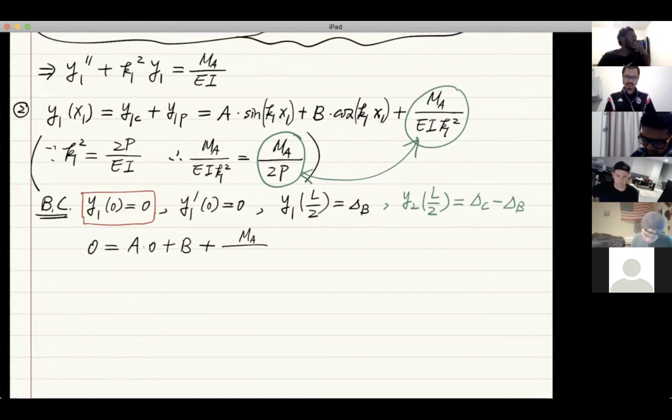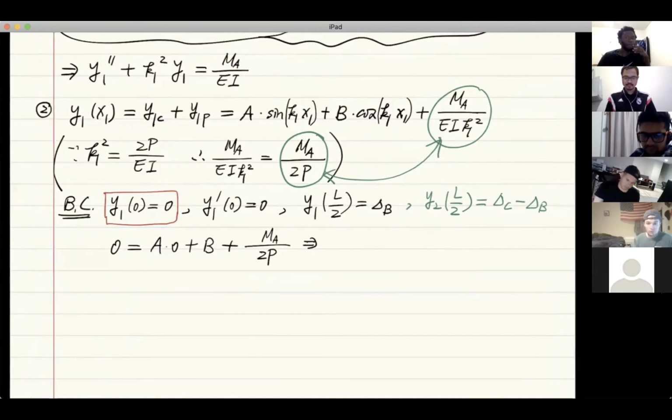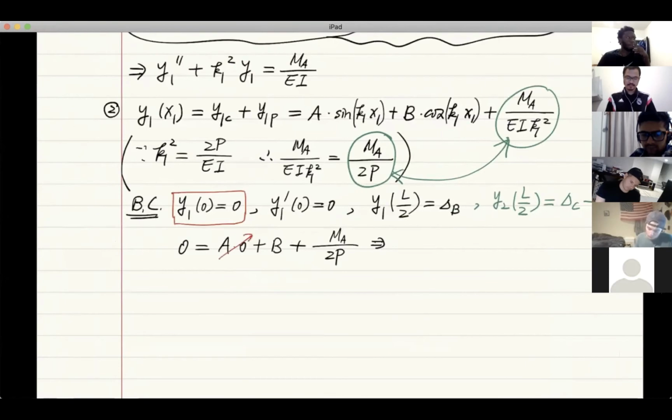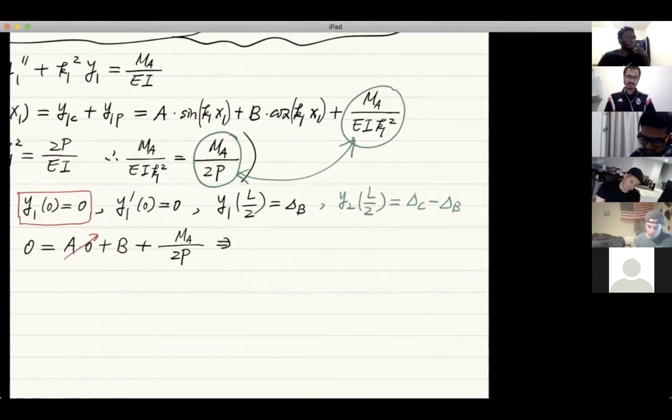Of course, you can write it either way. And this has to be 0. So from here, what do we find for B? We can determine B, right? Negative MA over 2P. Very good. So A is gone, just remember that. B equals negative of MA over 2P.